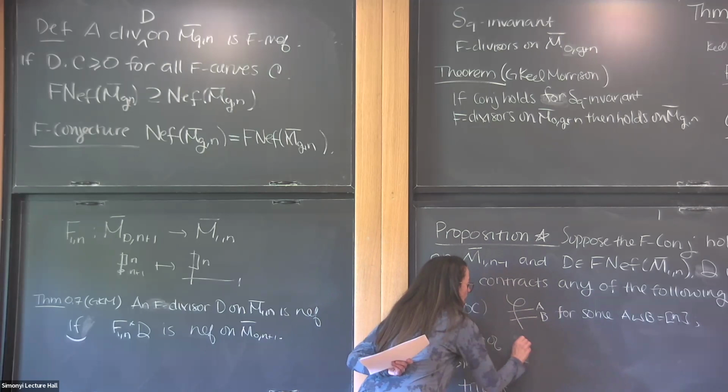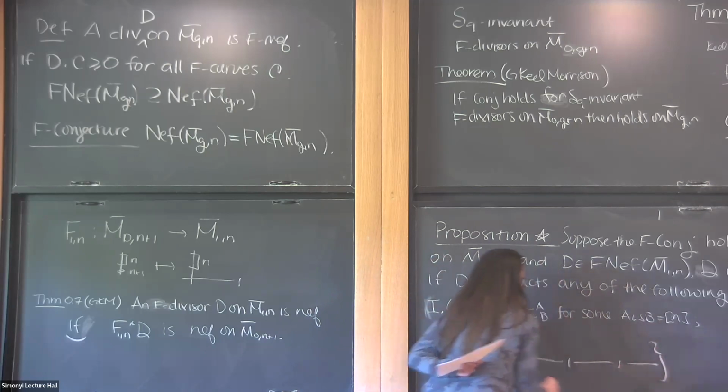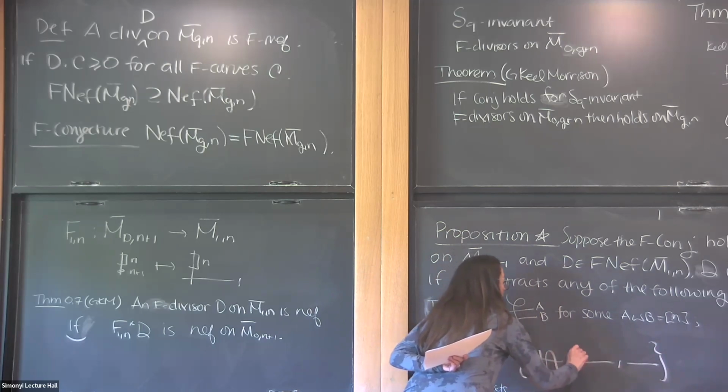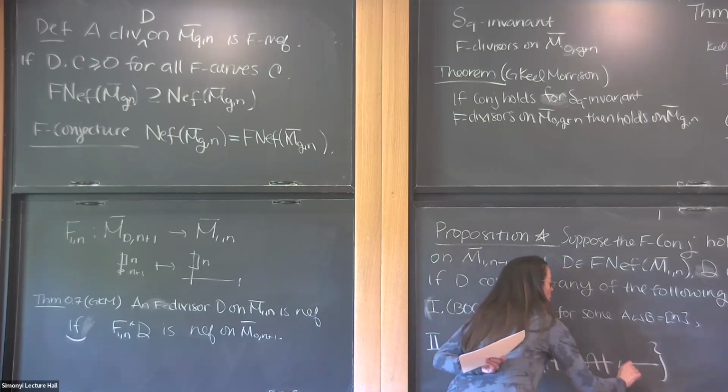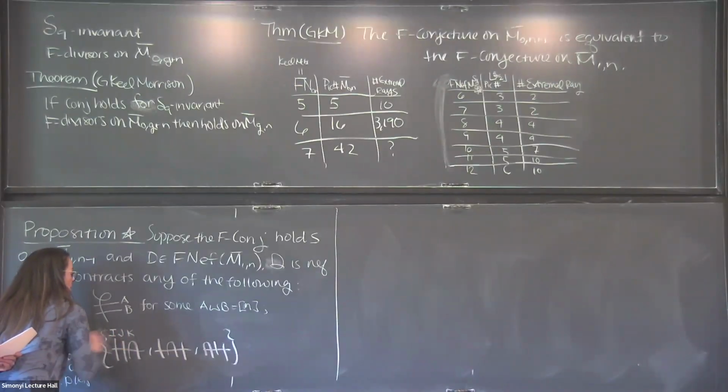So just to remind you what those are, we have these 3 curves, which look like different ways of labeling with a partition i, j, k equals n.